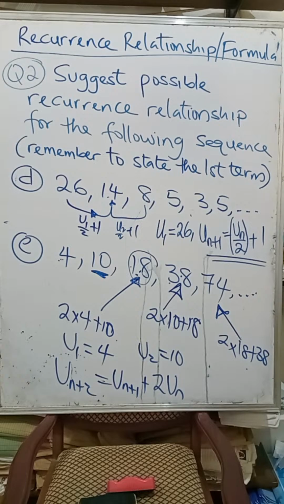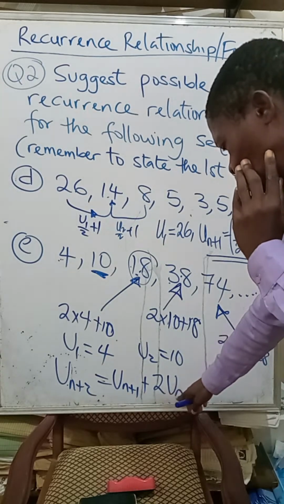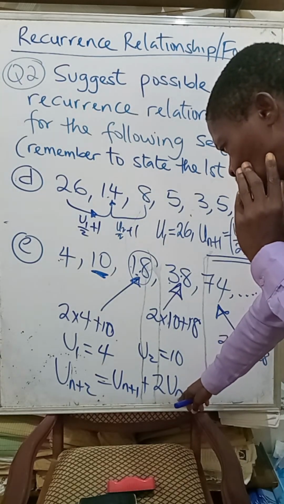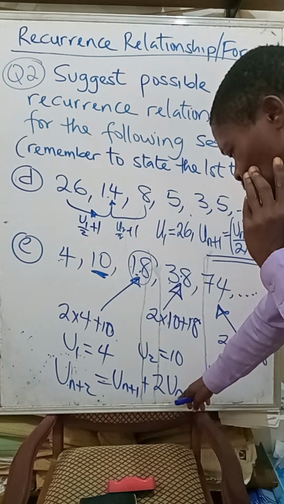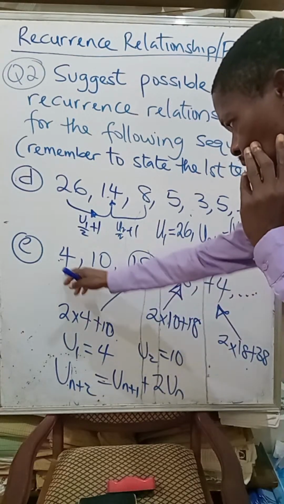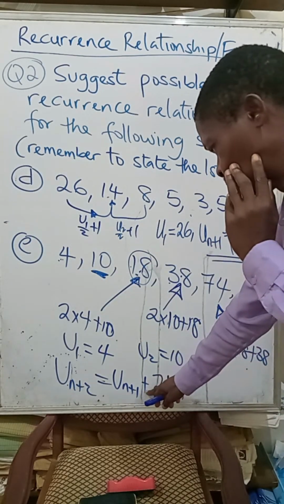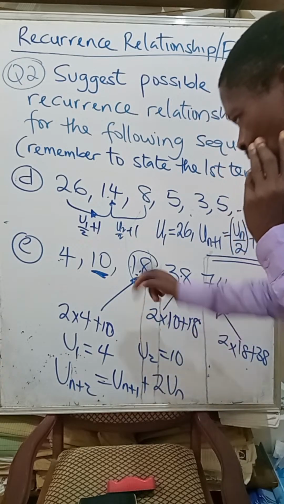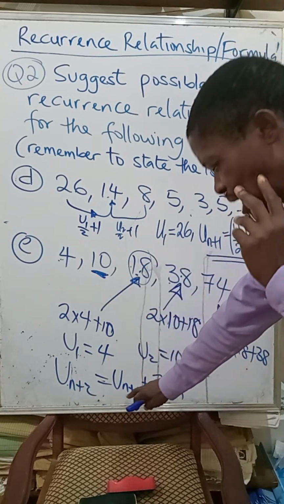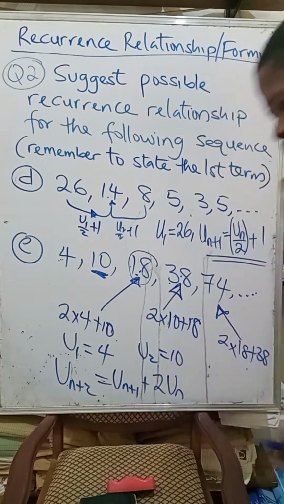So that's 2 times U1 if your N is 1, and then plus the previous number, which is the second 10.